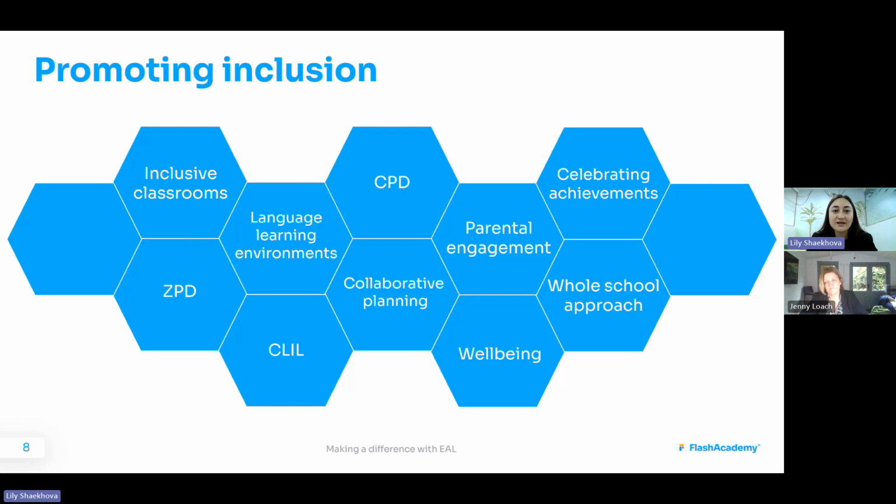And again, FlashAcademy shared lots of letters translated into the different home languages, and parents really appreciate that support, even setting up devices or the app, or going through the topics in a language that the family feels confident with, so they can then support their children at home. Involving families only strengthens that home-school connection and supports students' academic and social development. So it's really important to consider both sides.